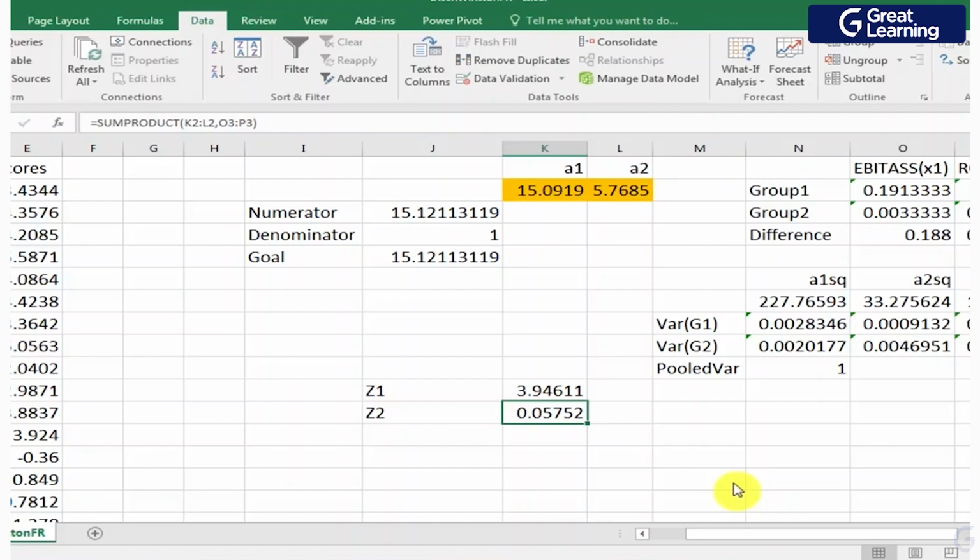Whenever the score is more than Z2, classify as this. Whenever the score is more than 3.94, classify as 1, because this is the mean score of the group centroid. So whenever the score is more than 3.94, classify this, less than this, classify this.